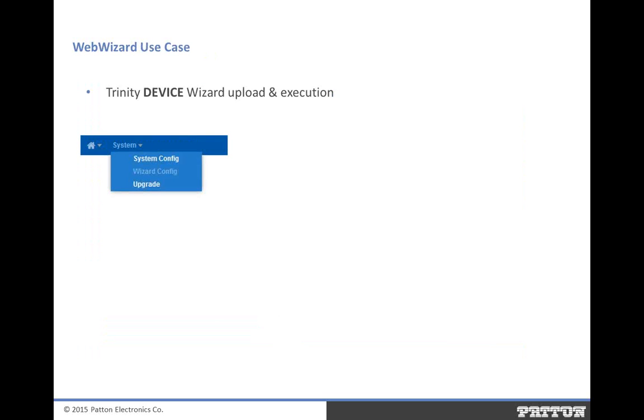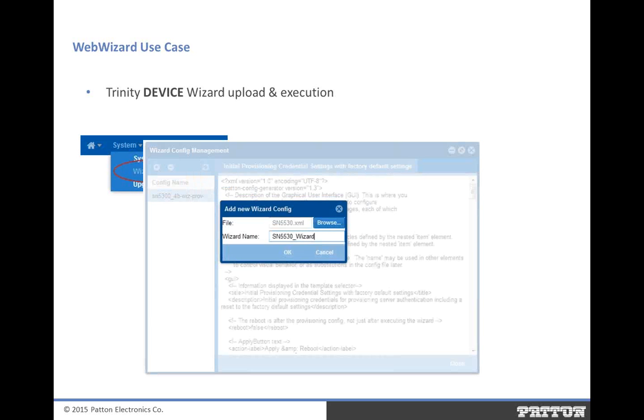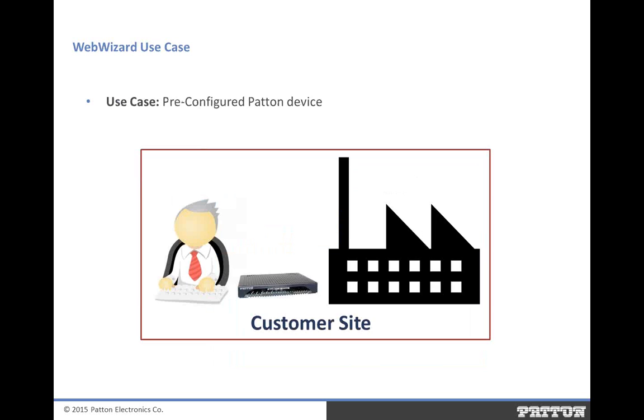You save the file locally on your PC, then connect to the Trinity device and go for importing the wizard config. That will look like this: again a new window where you browse for the downloaded XML-based wizard file. Once that is done, you are done with your preparation work.